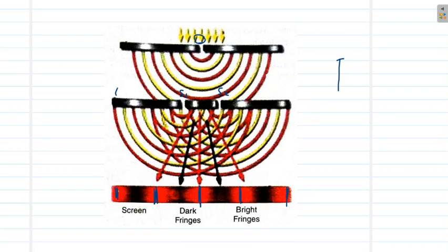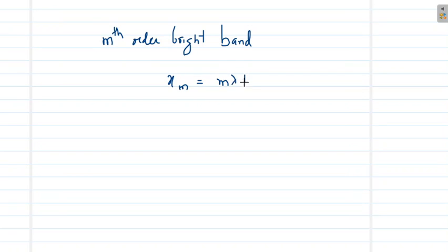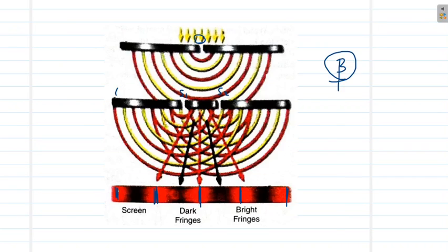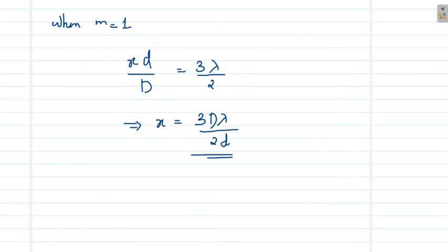Fringe width beta is defined as the separation between 2 bright bands or 2 dark bands. So let us write the equation for the bright band. The mth order bright band happens at the position xm equal to m lambda d by d. We had written that equation here.